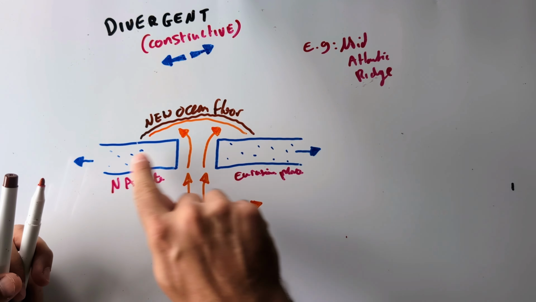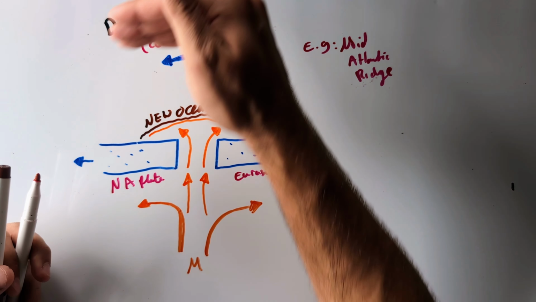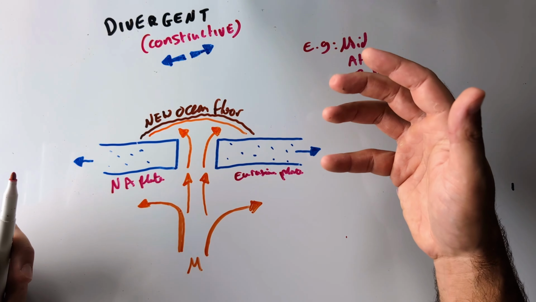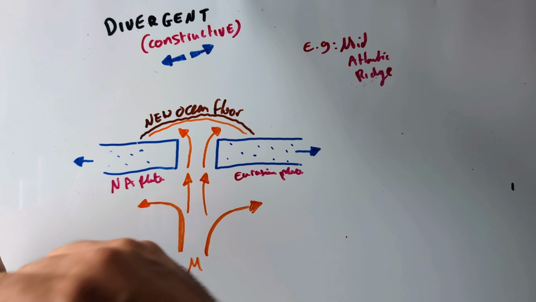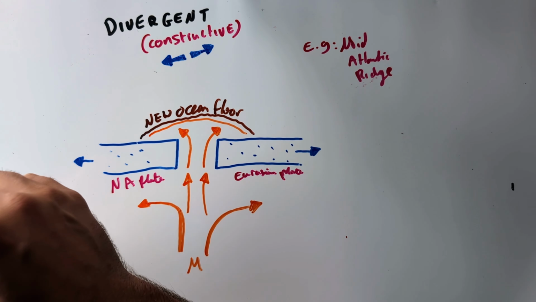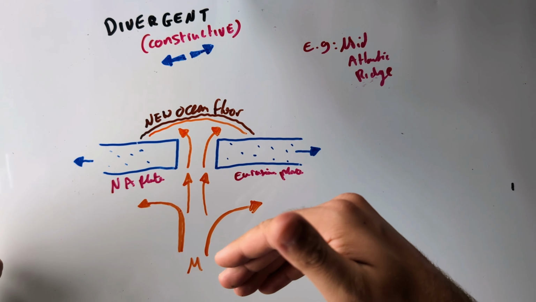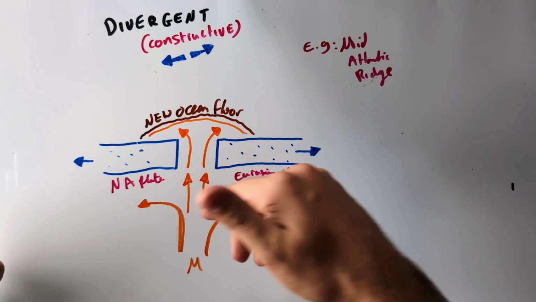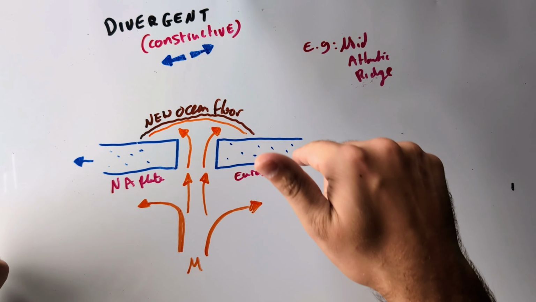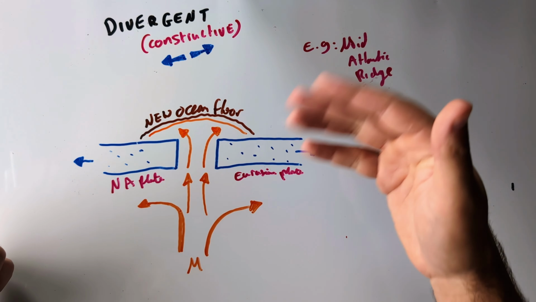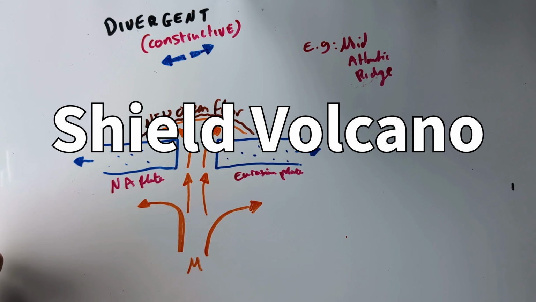Lava was added and added to the ocean floor until it rose above sea level, creating new land. That's exactly what Iceland is. When you are in Iceland, you are standing on a tectonic plate boundary. You are standing on a divergent volcano, or shield volcano, that's formed this entire nation.